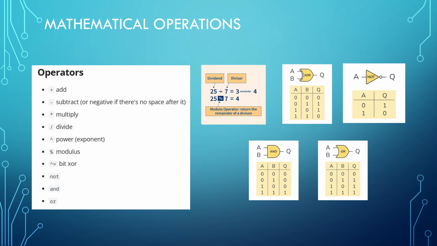Not just inverts the value. So if the input is false, the output is true. If the input is true, the output is false. And it's just like in English where both the first and the second have to be true for the result to be true, and or is either one has to be true, or they both can be true in order for the result to be true.